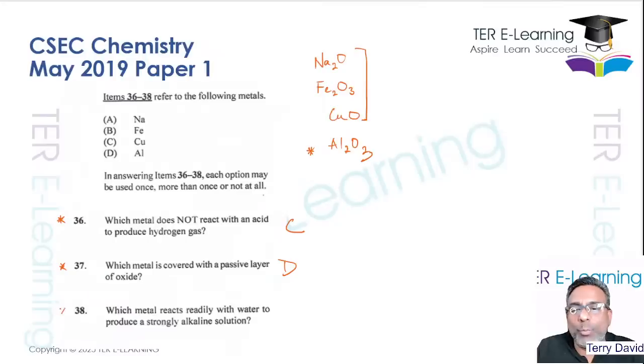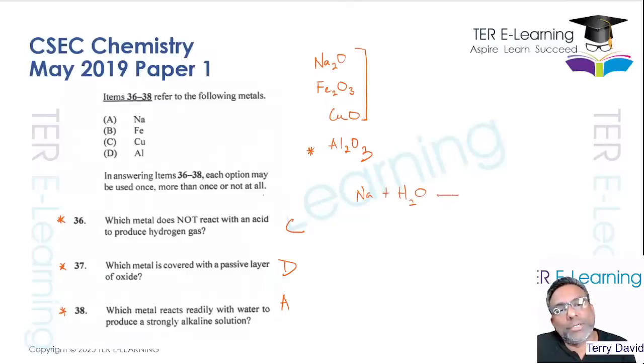Question 38. Which metal reacts readily with water to produce a strongly alkaline solution? A lot of people saying the answer is A. Yeah, I agree, because what happens when sodium reacts with water, you end up with this chemical reaction here.